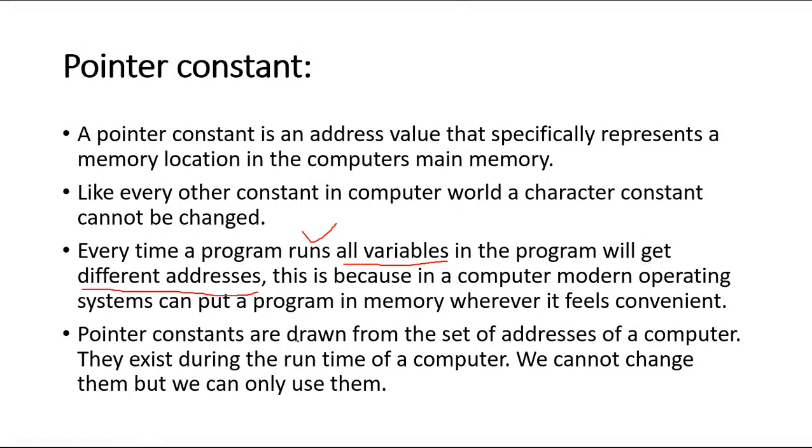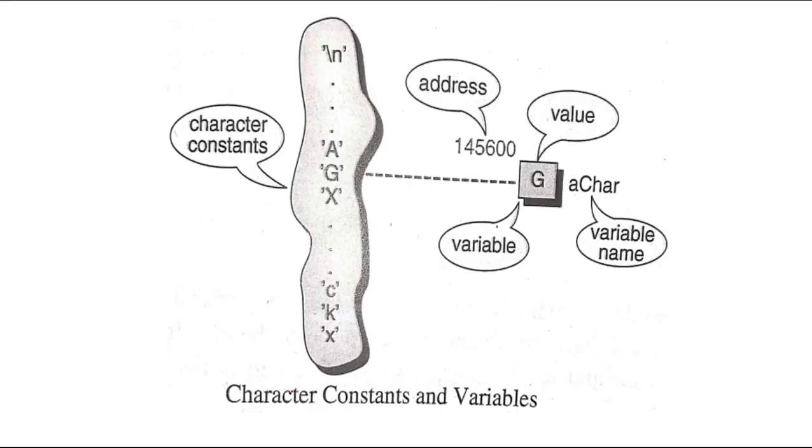I will explain that with the help of a diagram. So quickly see this diagram. All these are your characters: capital letters, small letters, as well as some special characters. We discussed these in your class. When you make a particular variable, this is my variable, the variable name, your identifier.